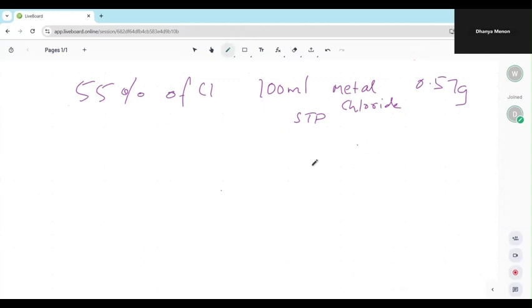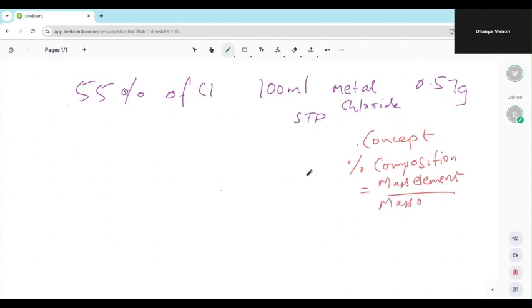Now over here the concept that you have to use is percentage composition. What's the formula for percentage composition? It's given by mass of element by mass of compound or mass of the molecule times 100. That's the formula that we'd be using.